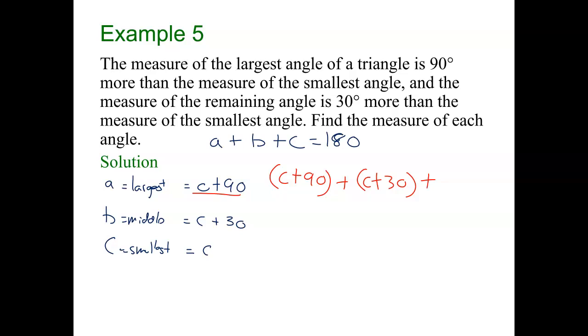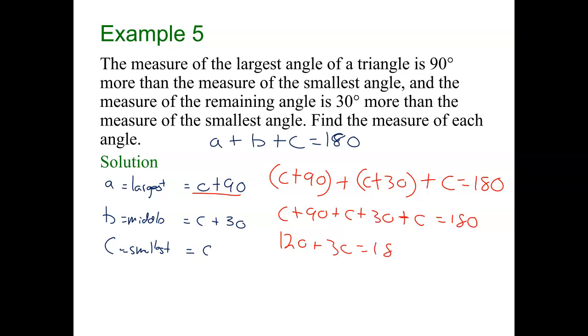Plus C. I don't need to replace it with anything. Do I have any distributive property? No, so I can just drop those parentheses. So C plus 90 plus C plus 30 plus C. Combine your like terms: 120 plus 3C equals 180.